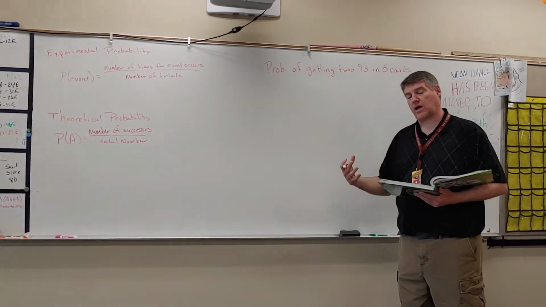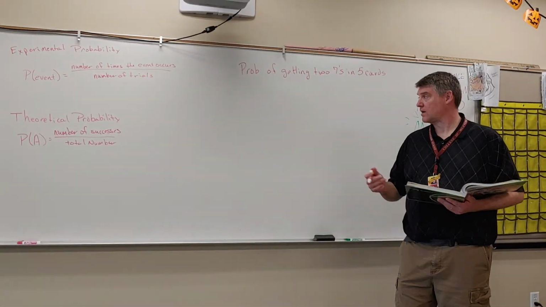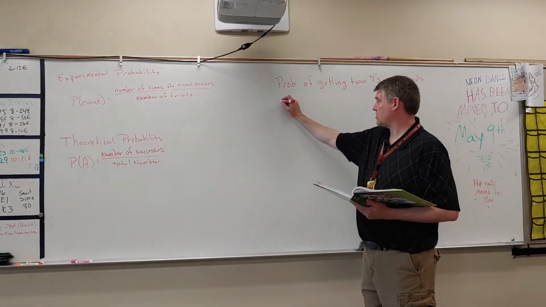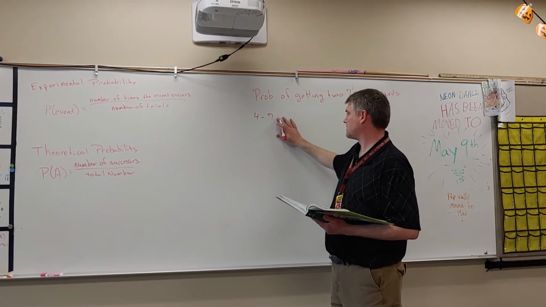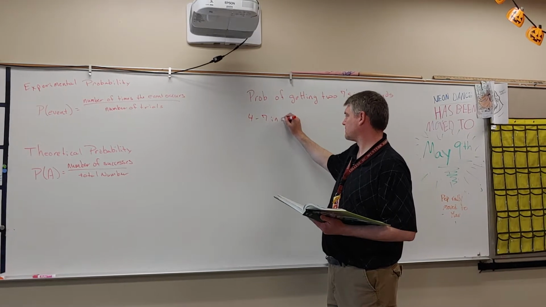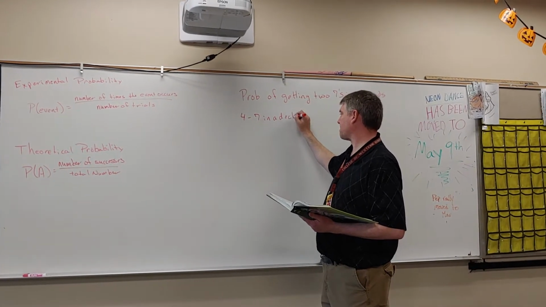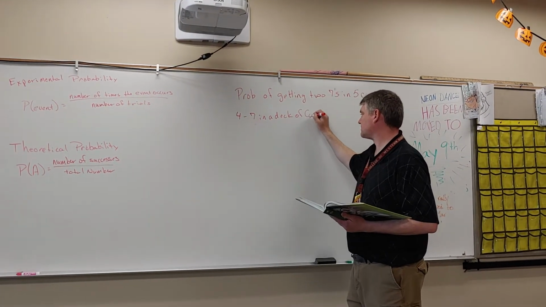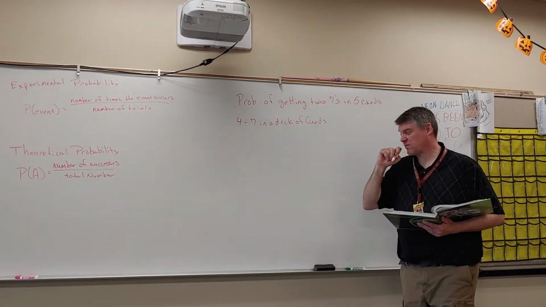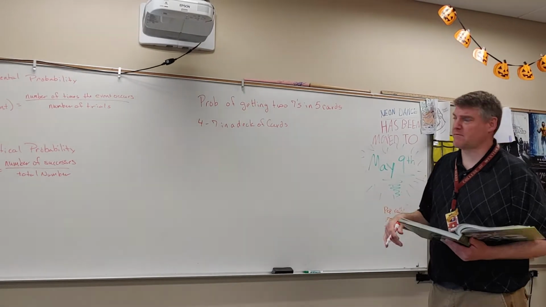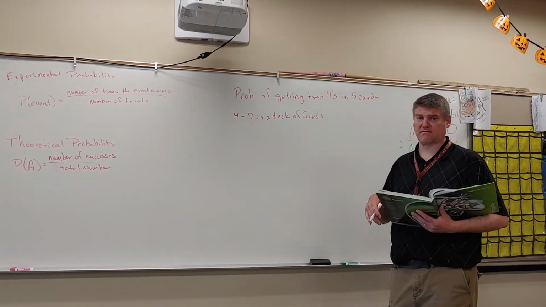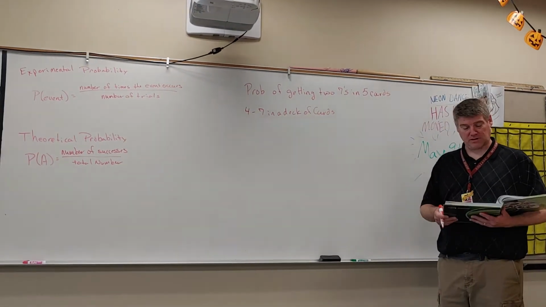So we need to know how many 7s there are in a deck of cards. So there are 4 7s. Okay? And we don't really care which 7s we get. We don't care if we get the 7 of diamonds and the 7 of hearts or the 7 of clubs and the 7 of hearts. It doesn't really matter.